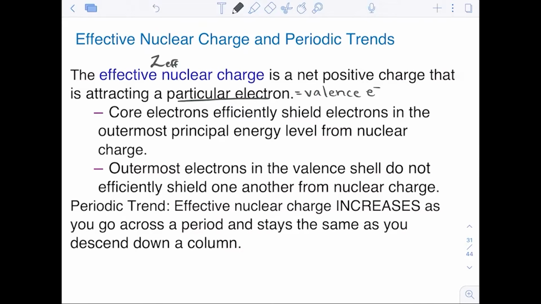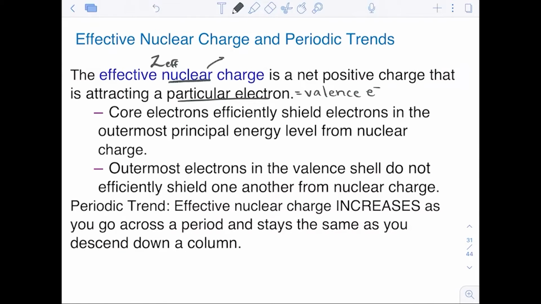And what being shielded means is that when we look at reactivity, the valence electrons, being on the outside, do not feel as many protons in the nucleus.